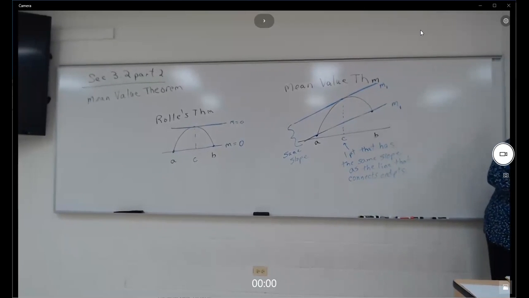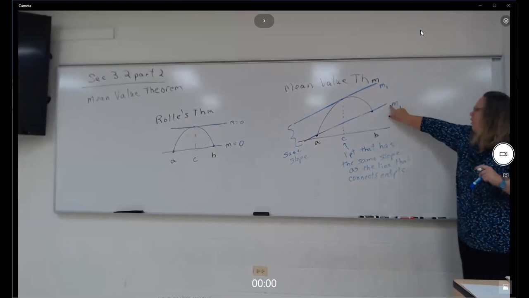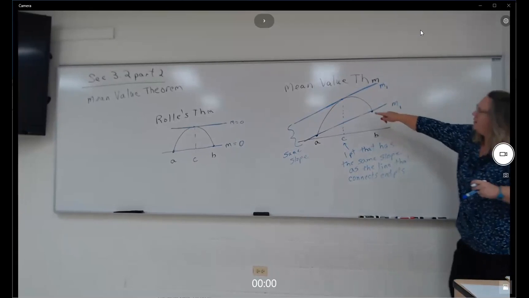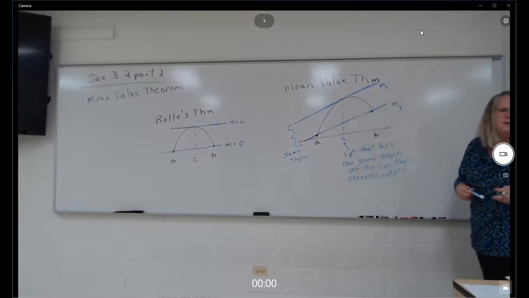Move out of the way here. C is the one point that has the same slope as the line that connects the endpoints. The slope of the line that connects the endpoints is called the average. This one is the instantaneous.